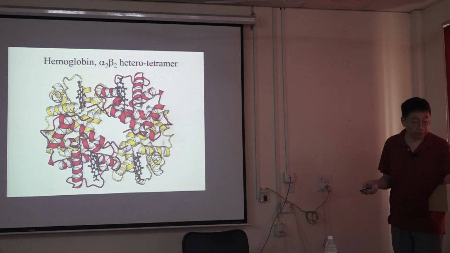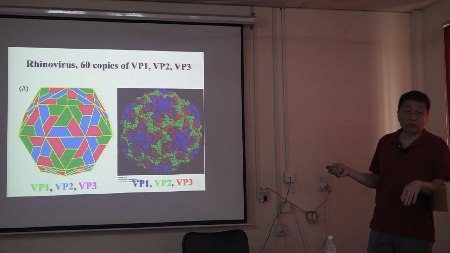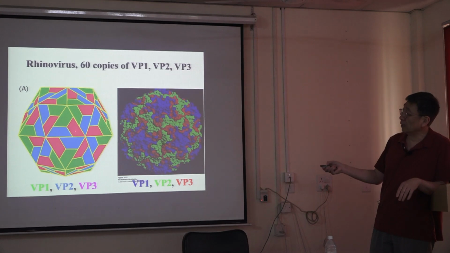And then this is the viral capsid, 60 copies of VP1, VP2, VP3. So 3 proteins, VP1 in green, VP2 in blue, VP3 in purple or magenta, forming this.